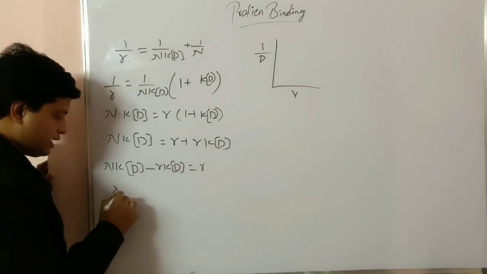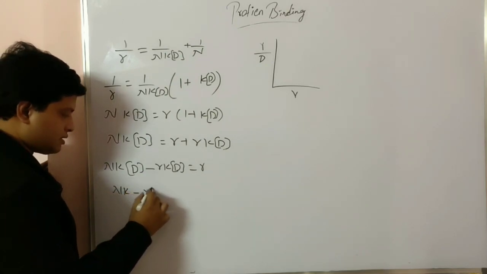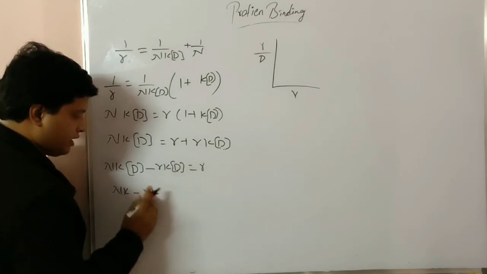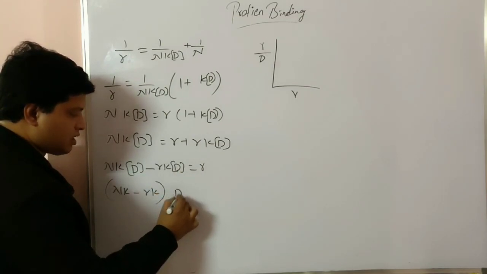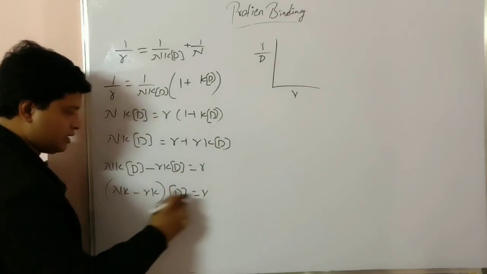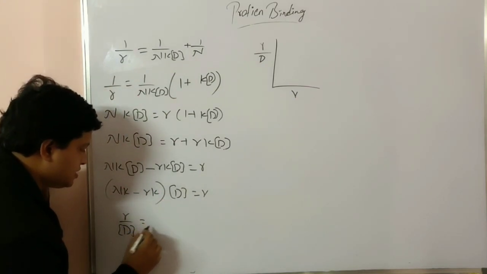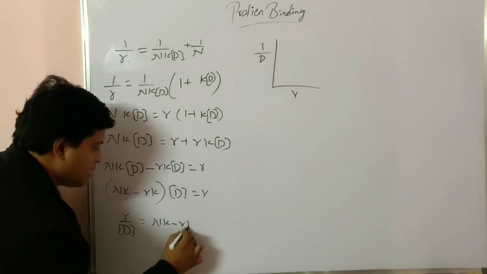Then what will you get? N k minus r k whole, d is common here, is equal to r. Send this d there, you get r by d is equal to n k minus r k.